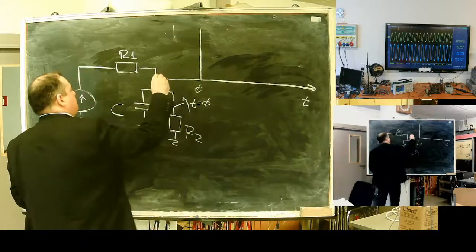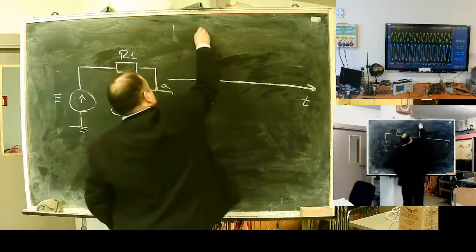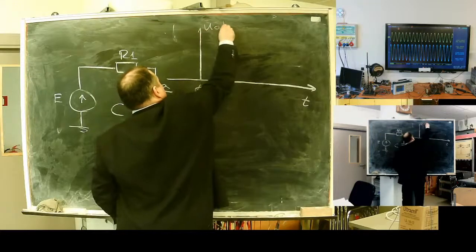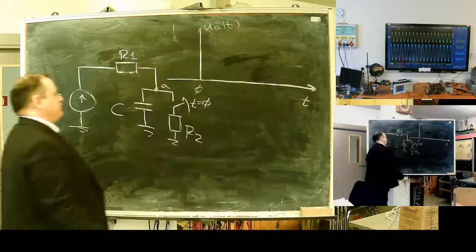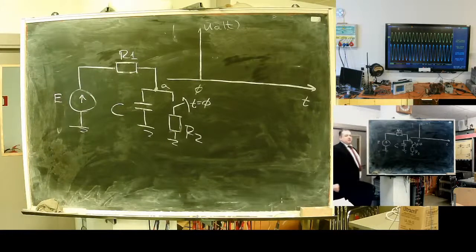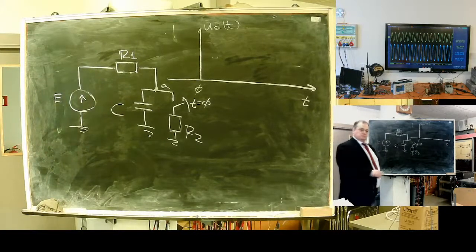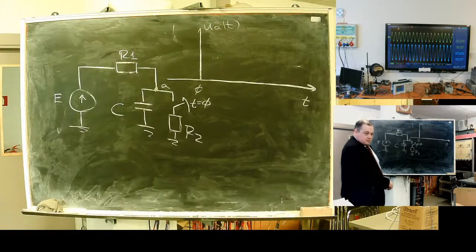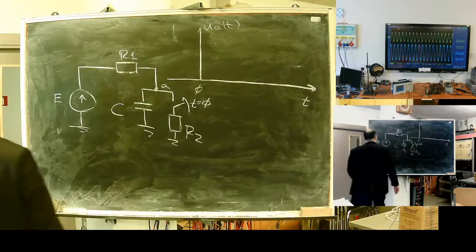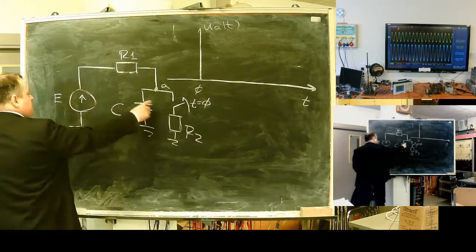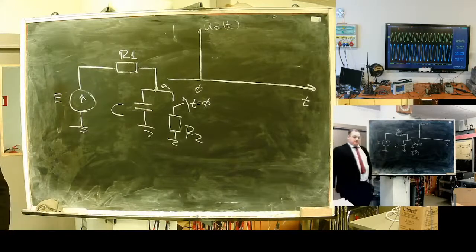Let's say it's at point A, so the voltage at that point A as a function of time. What will we see before? Zero. The capacitor is fully charged.